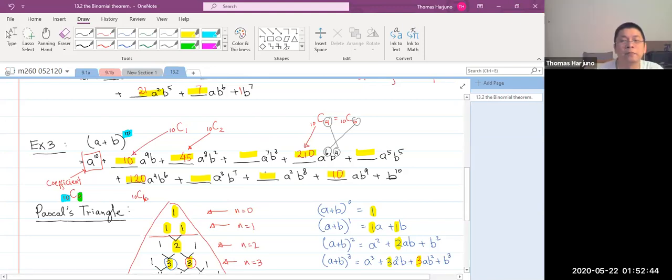A2B8. Okay, this one here. You can say that the third term from the front must give you the same coefficient as the third term from the last. Now this guy is 10 combination 3. I think that's 120. So this is one.